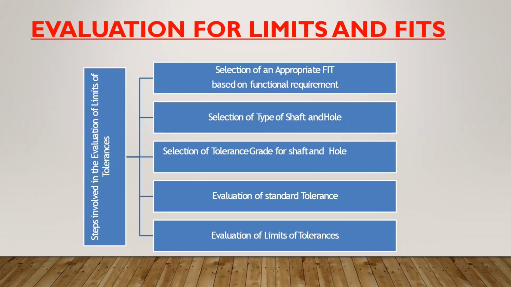Third one is the selection of tolerance grade for the shaft and hole. There are different types of tolerance grades. The working standard and the working environment depend upon the tolerance grades only. There are four different types of tolerance grades for the shaft and hole, so you need to select one of the tolerance grades.